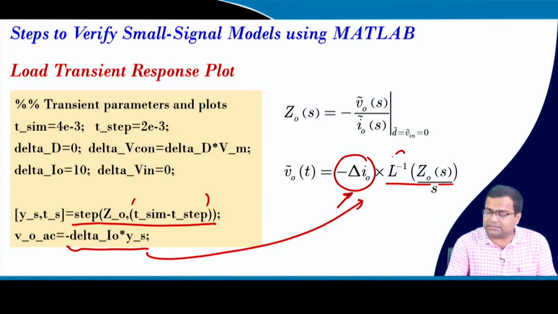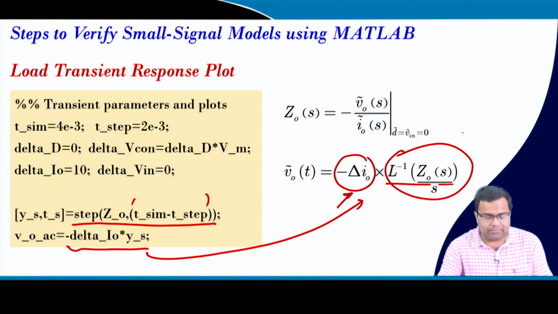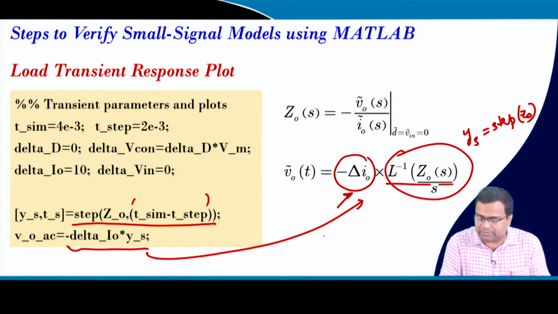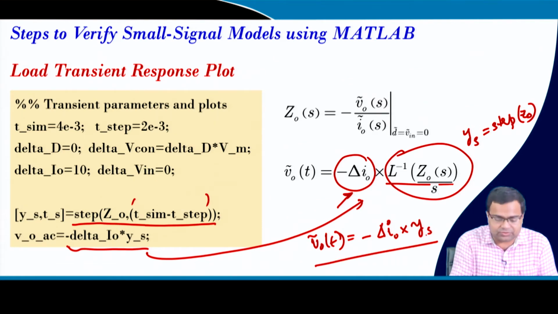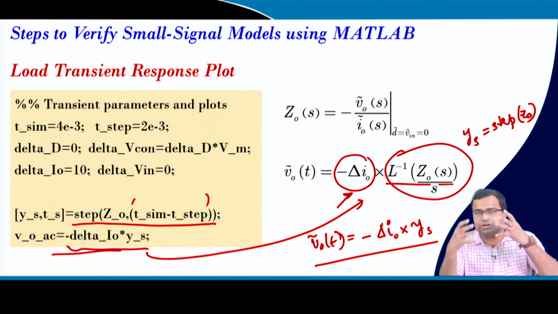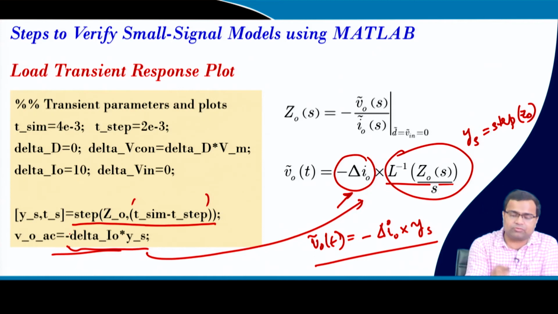We have obtained this using MATLAB, which is y of s, obtained like a step of z0 in MATLAB. So our V0 perturbation, the AC excitation, is minus delta I0 into y of s. If we apply a positive duty ratio step, this quantity need not be positive, because it is coming positive due to this symbol.